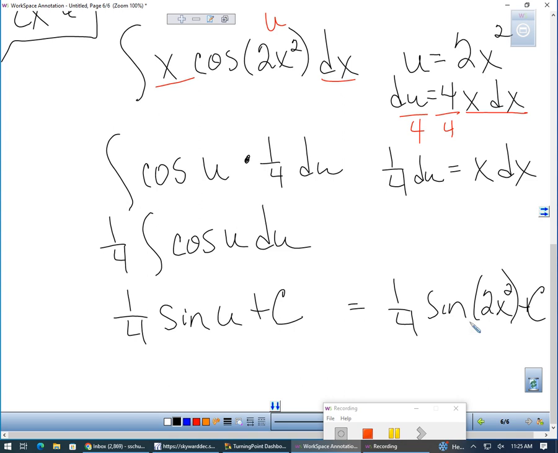Okay, so let's see. What should we do for an assignment? I'd say 1 to 16. Well, I had 1 to 23 odd, and I was worried that was too many problems. That's plenty? I was worried that wasn't enough.